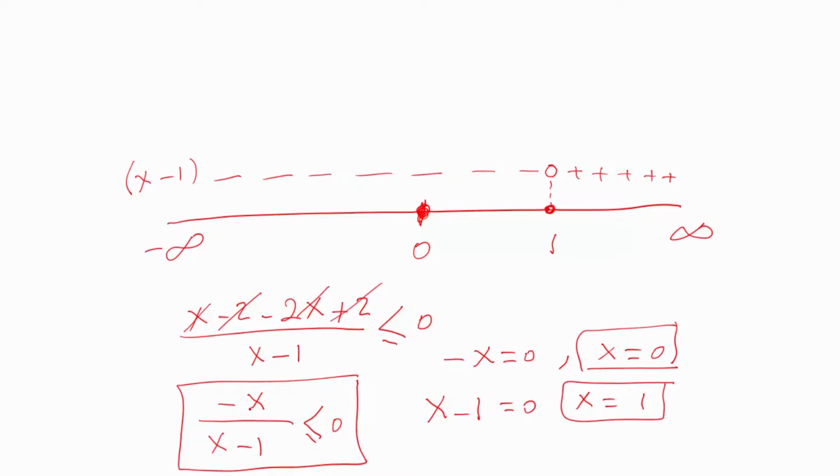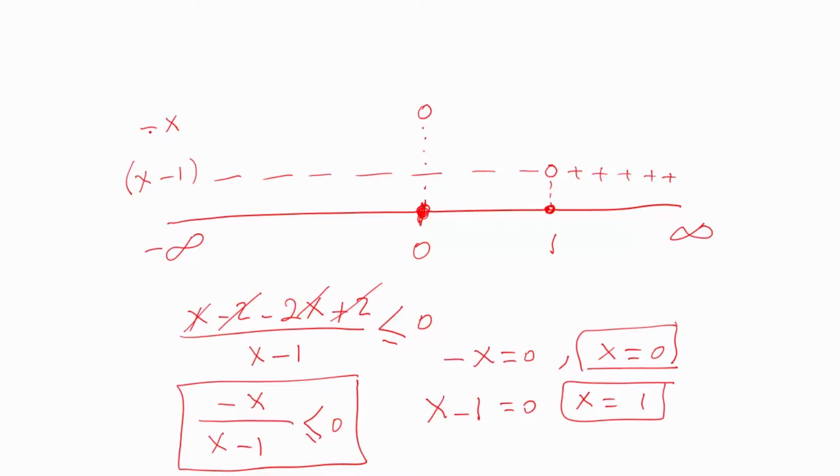Then you look at the numerator, -x. For what value is -x equal to 0? Well, we did this. -x = 0 means x is equal to 0. So you put a 0 here. Then you would ask yourself again, if a value of x is less than 0, what would you have here? Such as -10, for example.